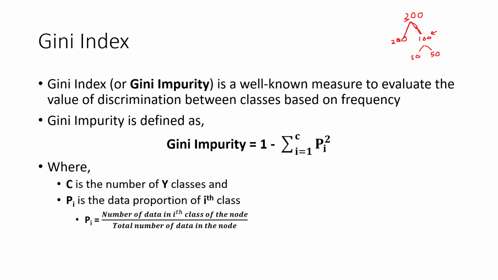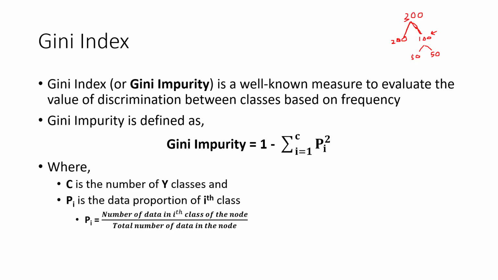So when you have data points like this, where the proportion of data points is 50 by 50 in each of the classes, each of the data points would not have a higher level of accuracy.